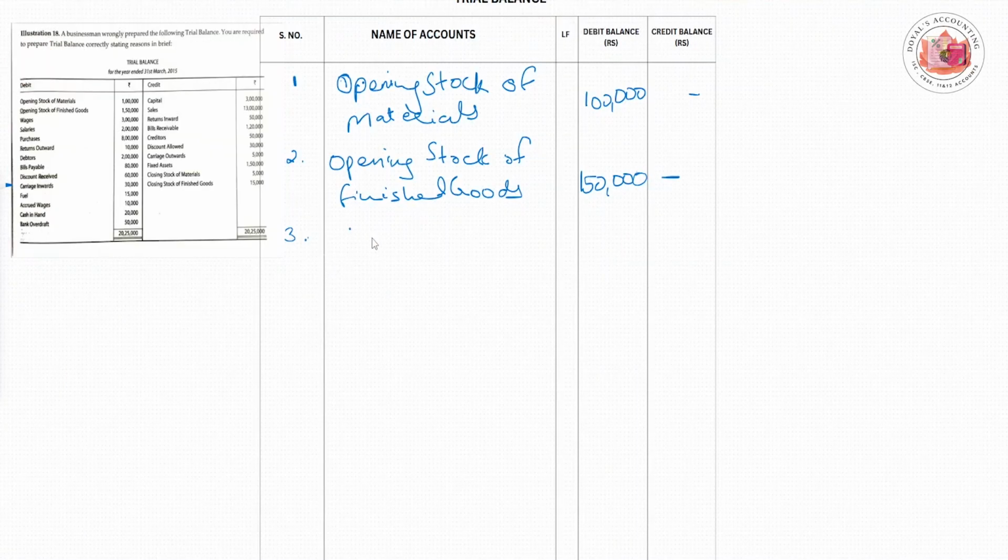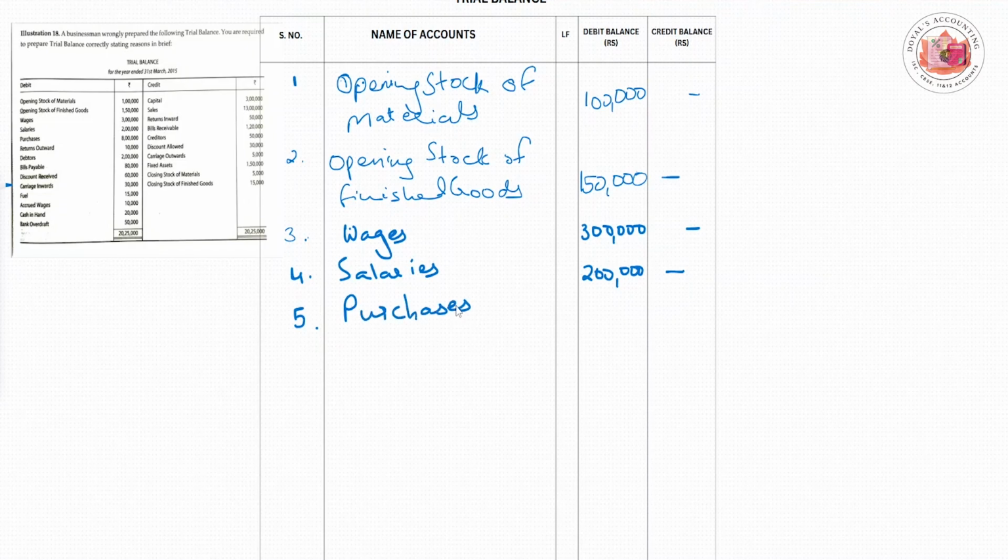Next we have wages. Wages is 3 lakhs. It has been correctly recorded. So on the debit side, 3 lakhs. Next we have salaries, 2 lakhs, debit side. Number 5, purchases. Purchases debit balance of 8 lakhs.